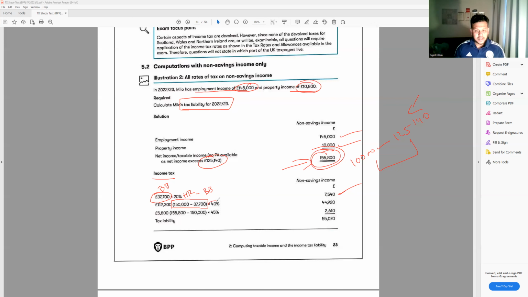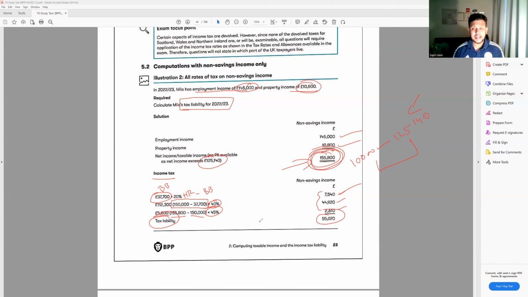So I pay 40% tax on that, which is 44,920. And then 155,800 minus 150,000, the excess of 5,800, my tax rate will be 45%, that is 2,610. If I add all of this, I need to pay a tax liability of 55,070.